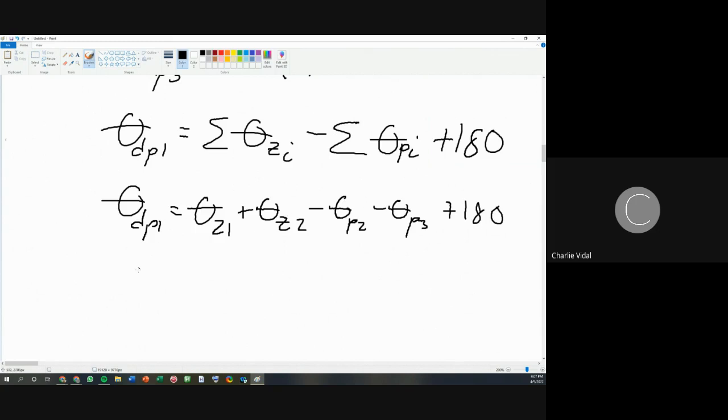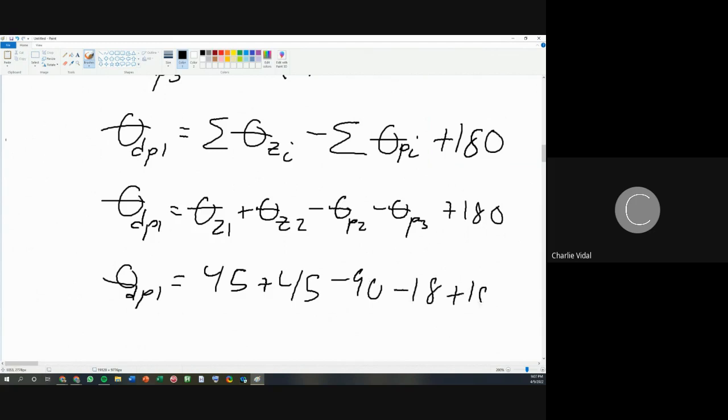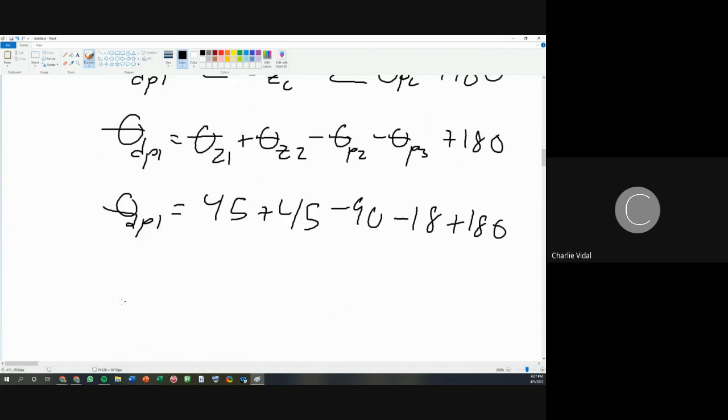Okay, so that's the equation we're using. We're going to do 45 plus 45 minus 90 minus 18 plus 180. So the angle of departure is 162, and we're going to draw this.